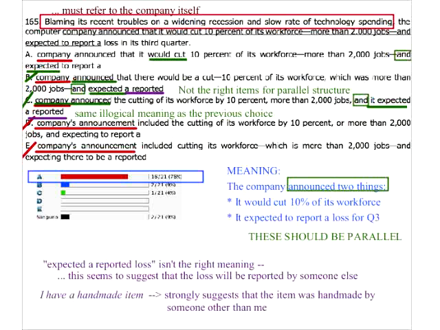So if I handmade the item myself, I would want to say something like I made the item by hand. So I have to use a verb that really suggests that I did this. So same sort of thing. A does this correctly. The company announced this, and the company also expected to report a loss itself. It expected to do that. Whereas in choices B and C, it expected a loss magically reported by somebody else, kind of like a handmade item.